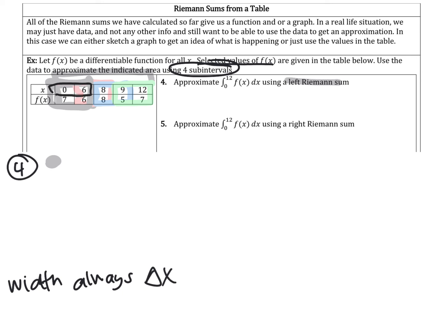X is changing by 6. That's my width, and I need to multiply that by my height. My height in this case is coming from a left-handed sum, which means I'm going to use the left y value, the left f of x value, as my height. So in this case, that's going to be 7. If I was graphing this, the gray rectangle would have an area of 42.